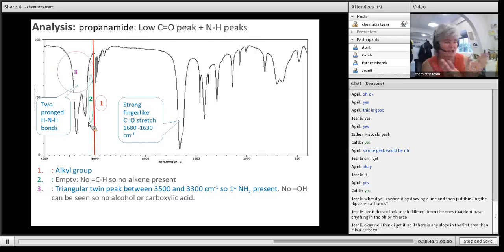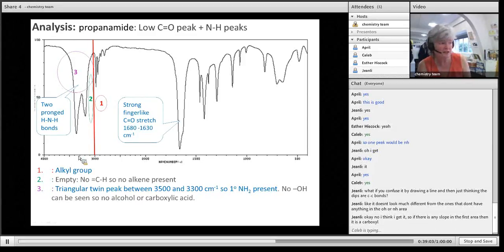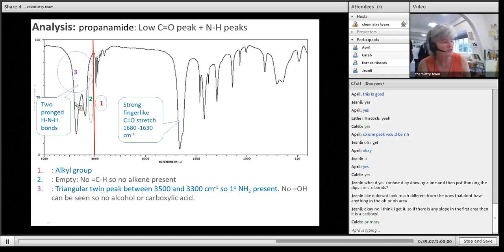It's not that broad base triangle going all the way from sort of 3600 to 2500. Okay, it's not that broad thing. It's though in the right area of focusing around about 3300, 3400, and I have got two peaks.